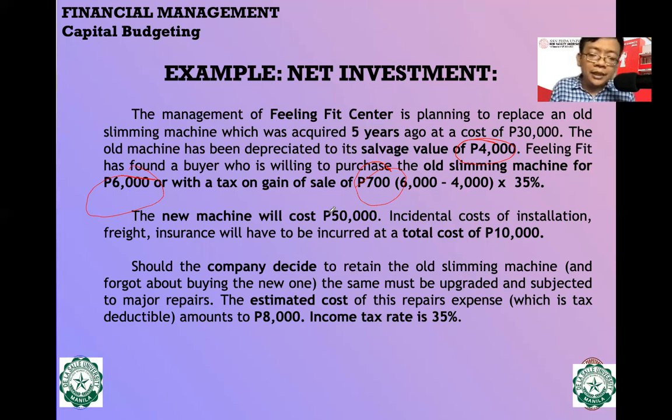The company decide to retain the old slimming machine and at the same time, the same must be upgraded and subjected to major repairs. Estimated cost of this repairs is 8,000. Deduct savings, 'di ba? Why? Kasi hindi ka na bibili ka na ng new machine, you will not incur 8,000 as your repairs. Okay? Para maintindihan ito 'yon, okay?